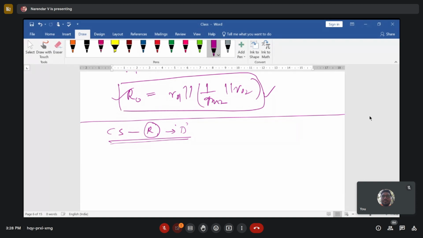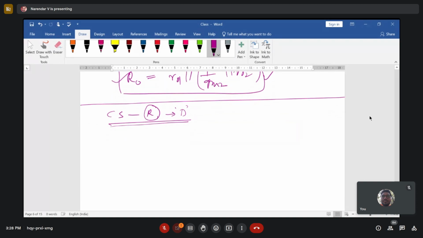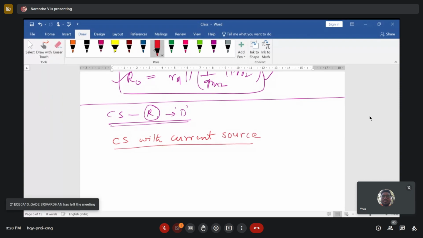We'll take the common source stage with current source. Current source is a load element that we normally choose, and this load is a DC load. Of course, you can make this current source using a MOS transistor also.